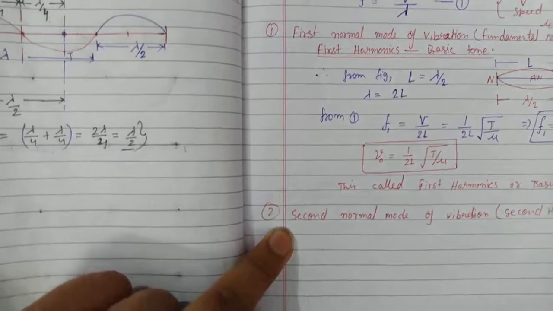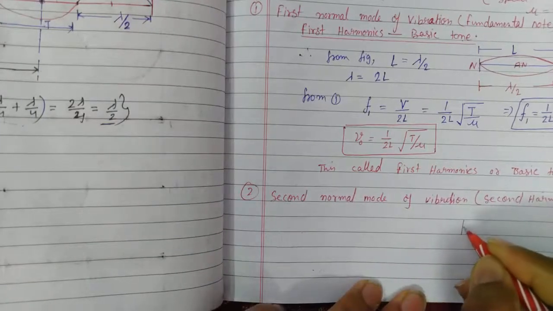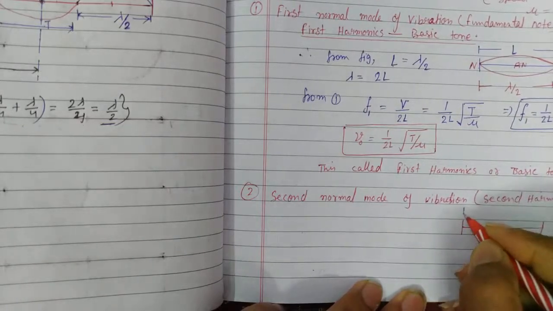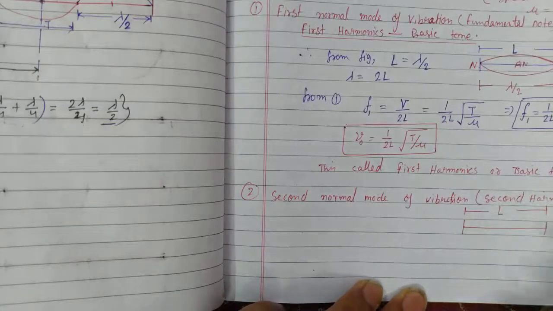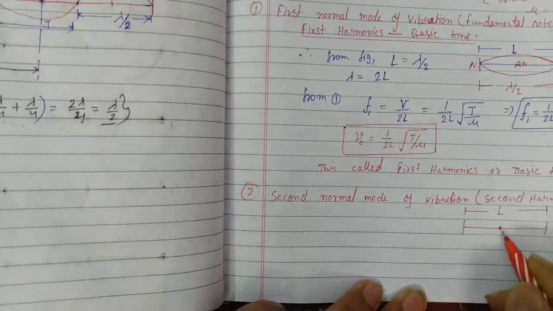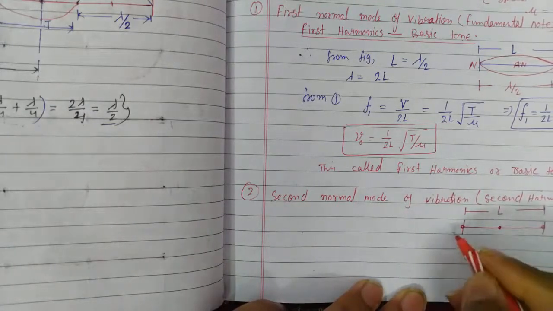For producing the second harmonic, in the same string of length L, we make a node at the center.